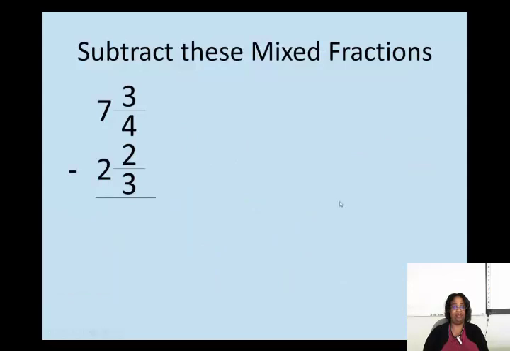Now let's do some with mixed numbers. We know that 4 and 3 we need to raise to 12. And I like to put my fractions, especially if they have mixed numbers, vertically, like buttons on a shirt, so I can do all my work to the right instead of underneath.